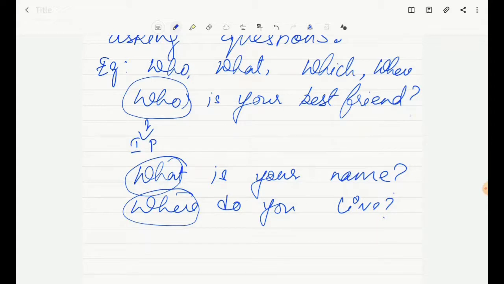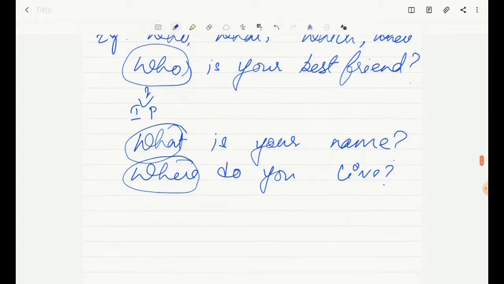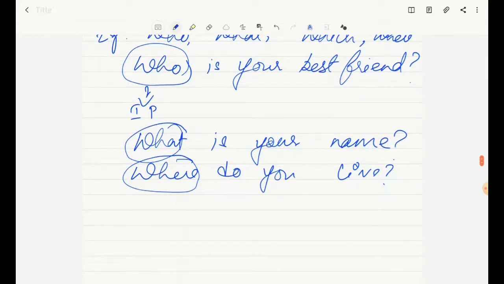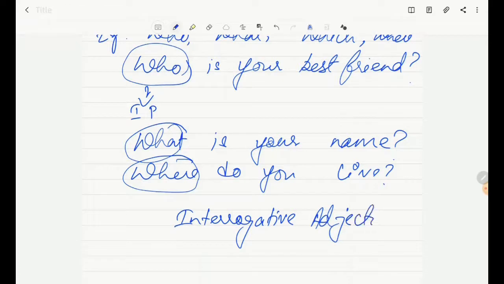And what is the major difference between an interrogative pronoun and an interrogative adjective? Interrogative adjectives are always placed before the noun, and they also describe the noun.